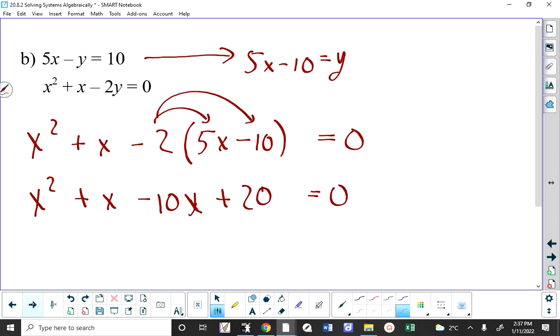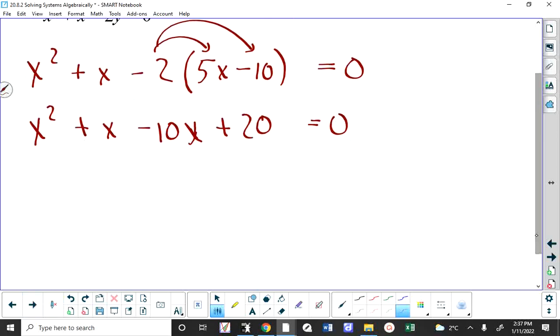Double check. Looks okay. It's quadratic. So we make sure that we zero the equation. One x minus 10x is negative 9x. Oh, this is child's play.